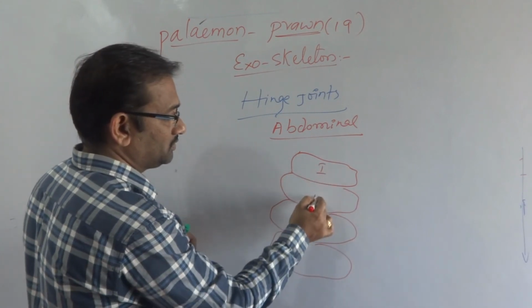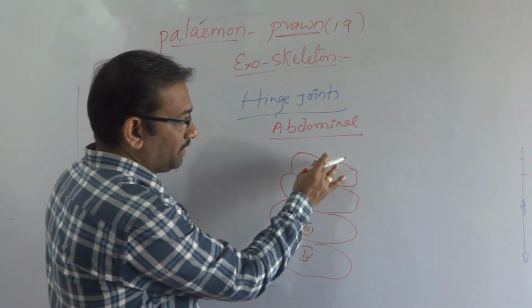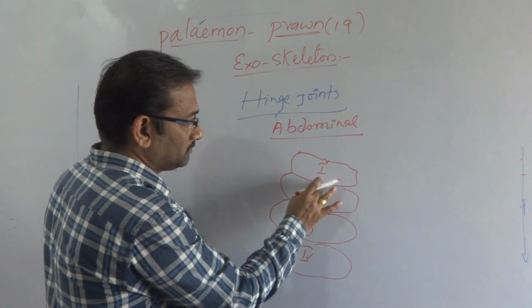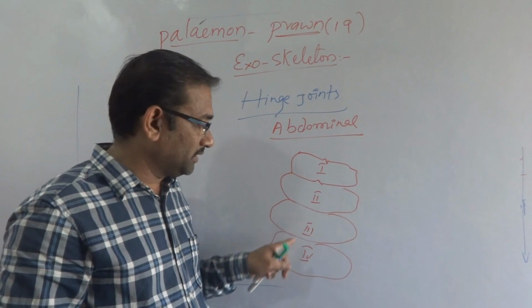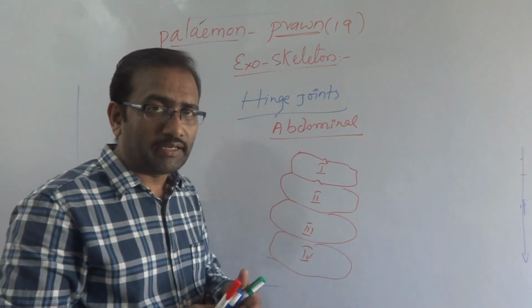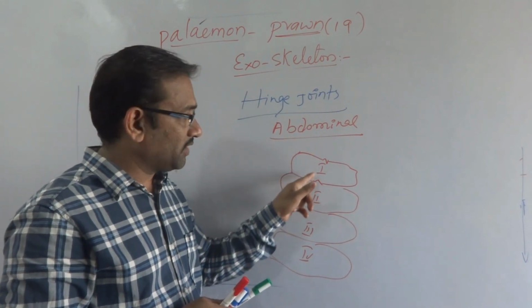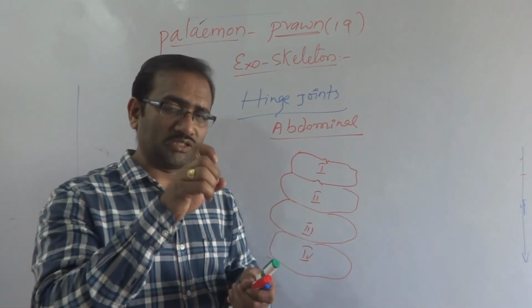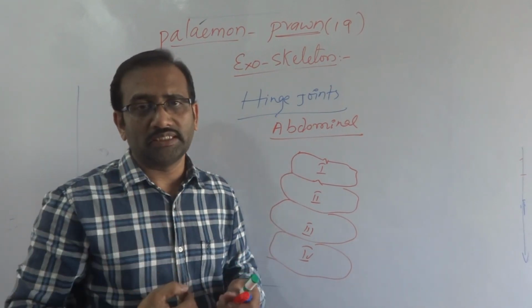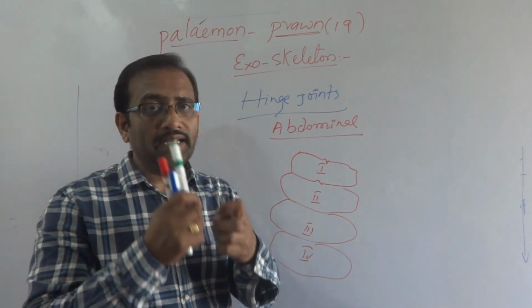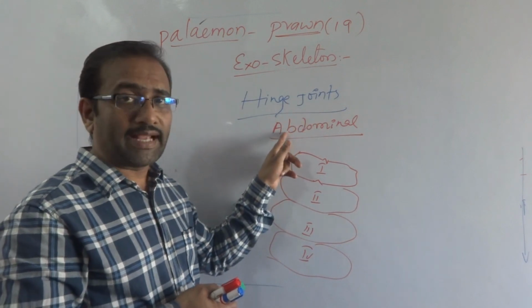Every abdominal segment except the third and fourth contains a pair of hinge joints, which are hook-like structures. They attach to the preceding and the posterior segment. This type of linking system with the hook system is called hinge joints, present in the abdominal segments except on the third.